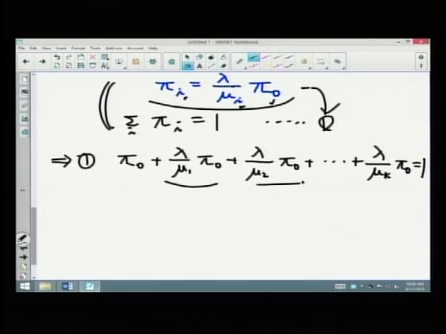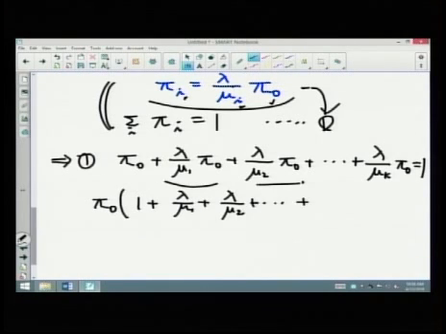Okay? So if you take out pi 0, then what's left over? 1 plus lambda over mu 1, lambda over mu 2, up to lambda over mu k equals 1. So what is this?